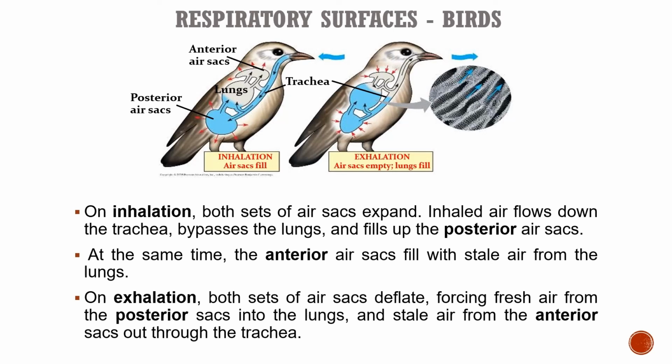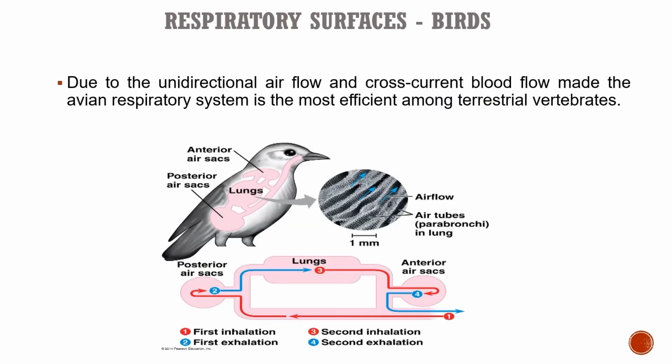On exhalation, both sets of air sacs deflate, forcing fresh air from the posterior sac into the lung and stale air from the anterior sac out through the trachea. Due to unidirectional airflow and cross-current blood flow, the avian respiratory system is the most efficient among terrestrial habitats.